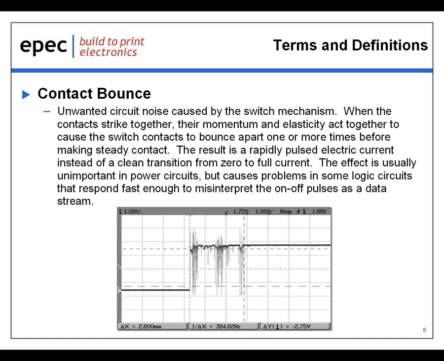This effect is usually unimportant in power circuits, but causes problems in logic circuits that respond fast enough to misinterpret the on-off pulses as a data stream. For example, when a user enters a series of key presses into a keypad, contact bounce may be misinterpreted as one or more presses of the same switch.